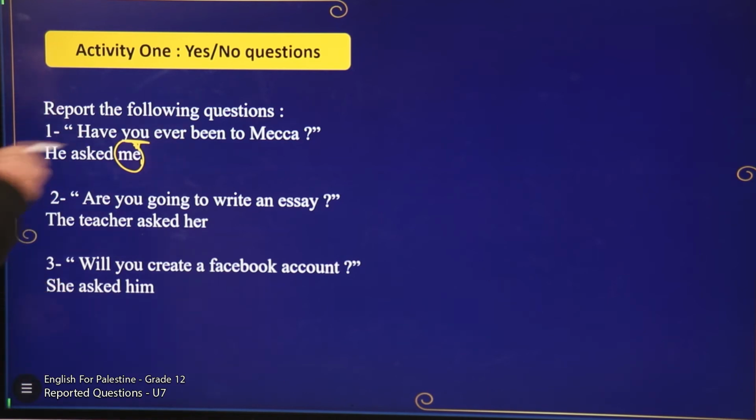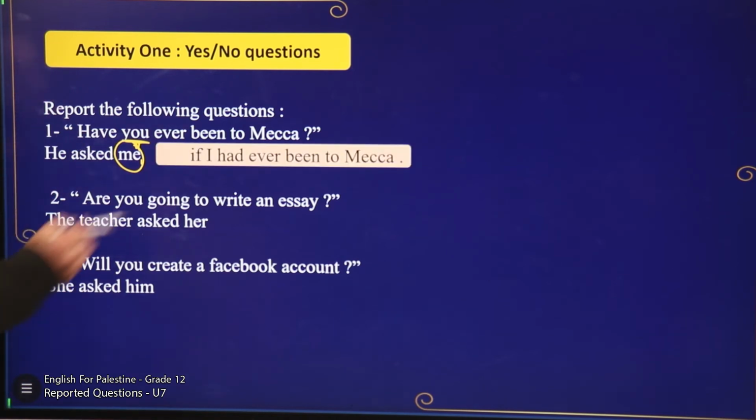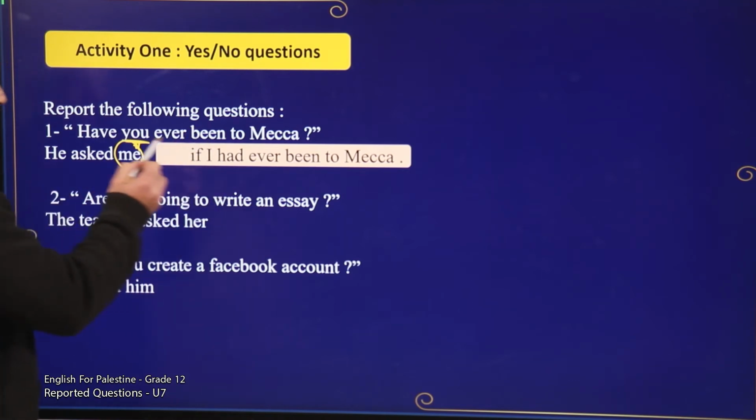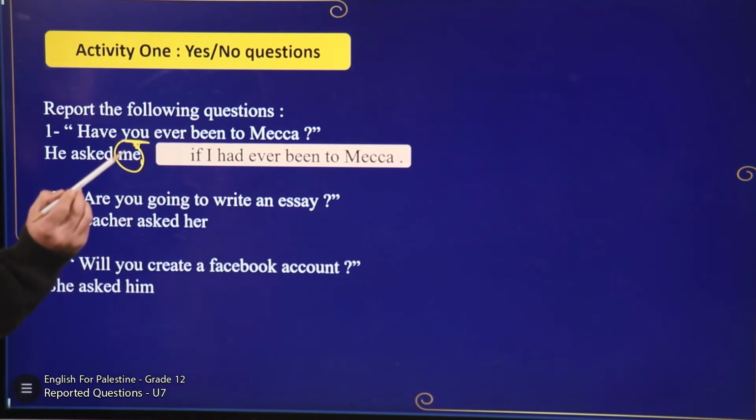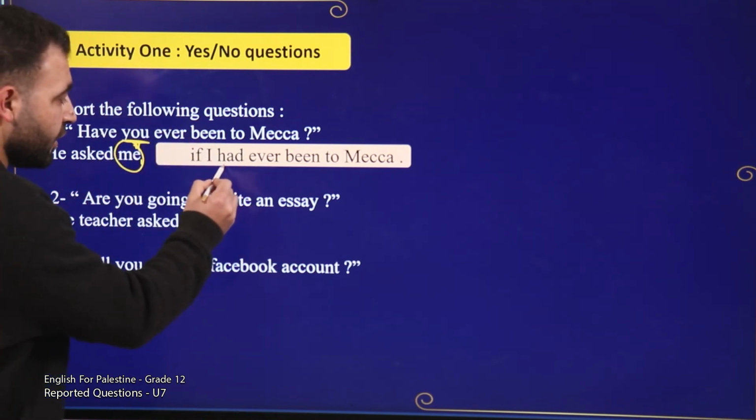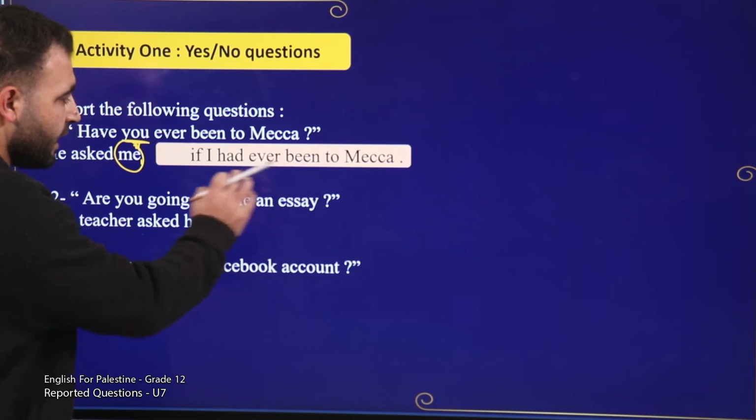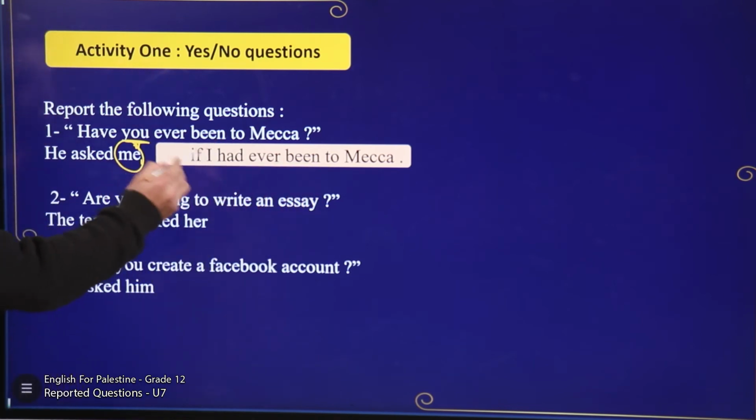So the correct answer is, because it starts with an auxiliary, if the pronoun you is changed to I, because the object is me, and have been, present perfect, so it's changed to had been. If I had ever been to Mecca.